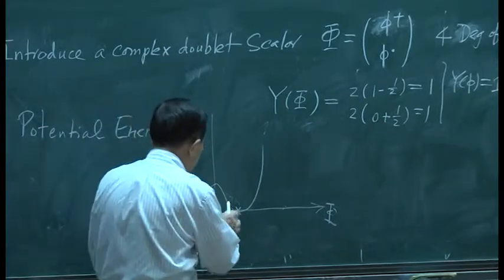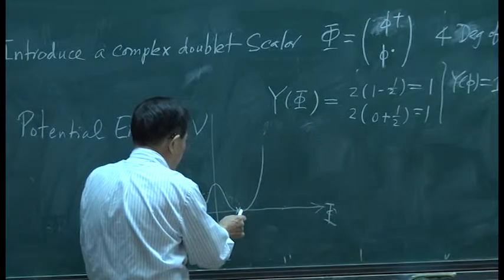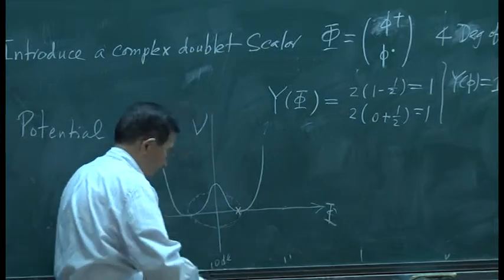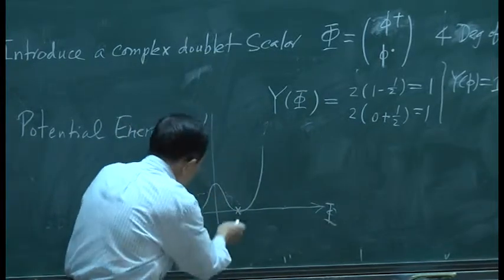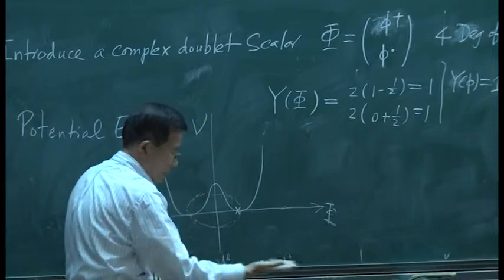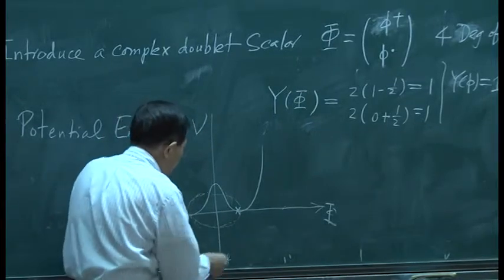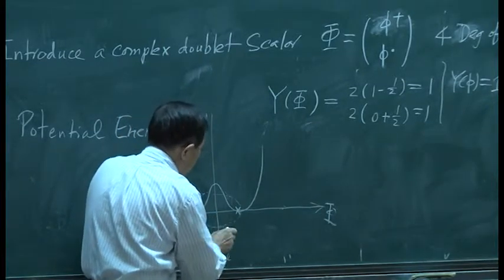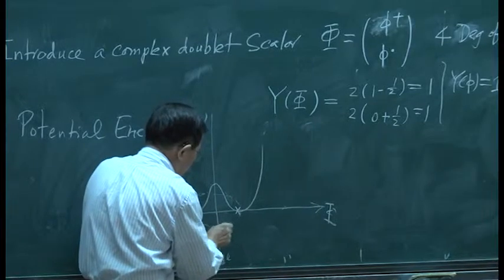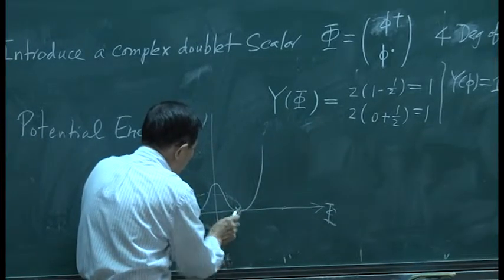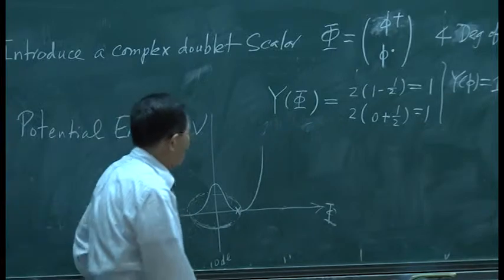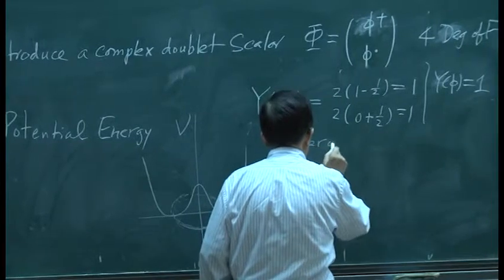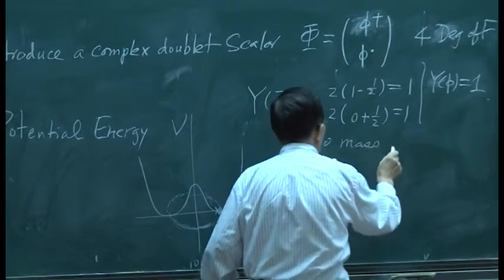Now, if you move a particle around the circle here, near the bottom, this is a circle on a surface, on a plane. So you don't need to put any energy to move a particle from here to there, because this all has the same potential energy. That corresponds to zero mass excitations.